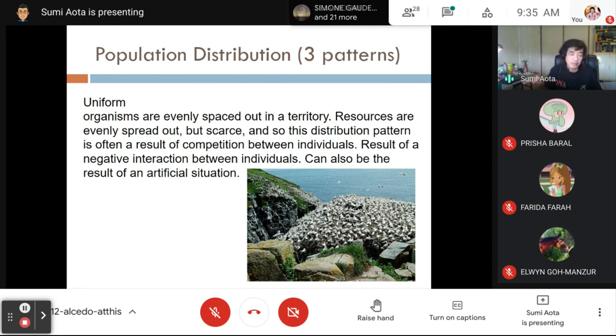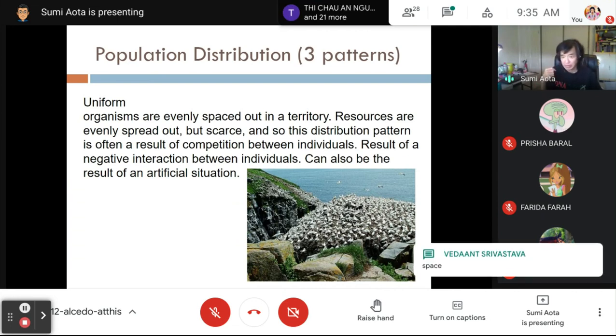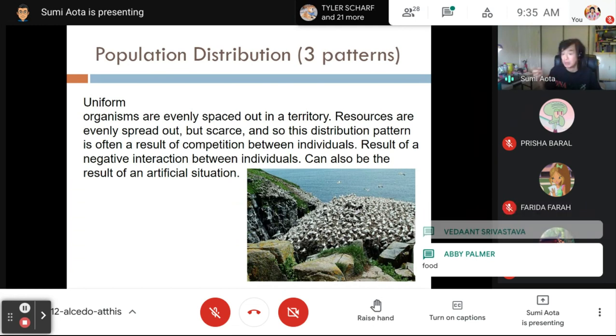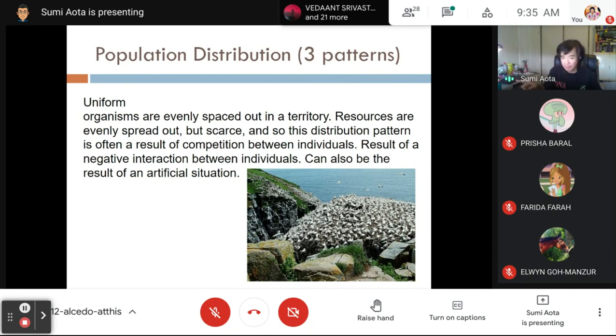Now, obviously, what do you think is the resource that's in short supply in this picture? This is a nesting site. Okay, space. So what determines, now, the food is out in the ocean, so they're not feeding off of these rocks. So it is space for nesting.